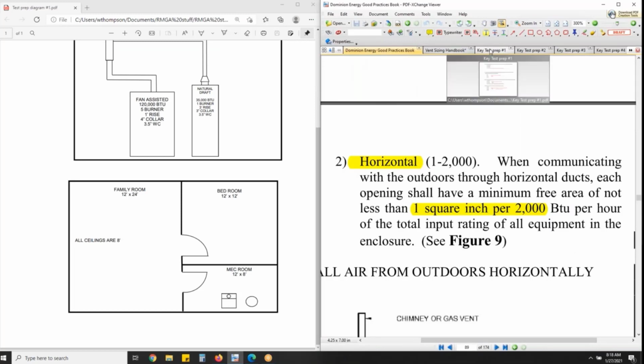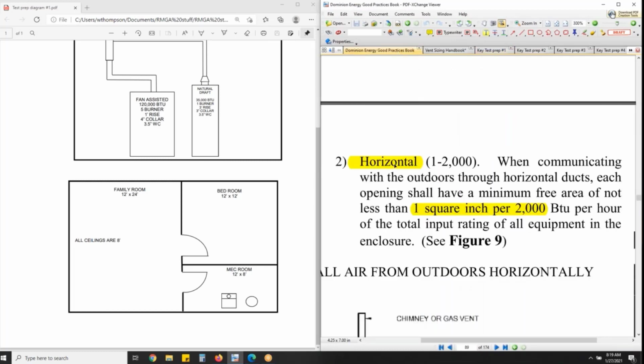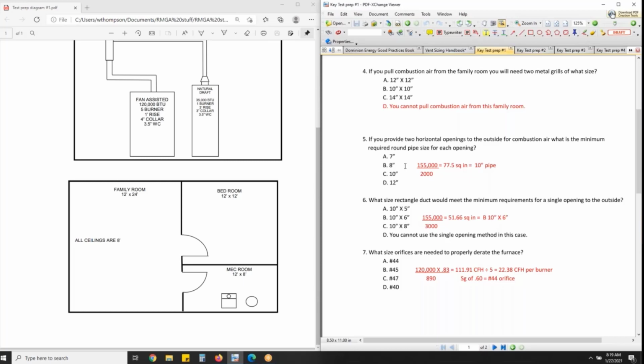Back to the test prep. So again, the question was asking, if you provide 2 horizontal openings to the outside for combustion air, what is the minimum required round pipe size? So I go over here and I'm using 2 horizontal pipes. I need 1 square inch for every 2,000 BTUs. So my formula looks like this.